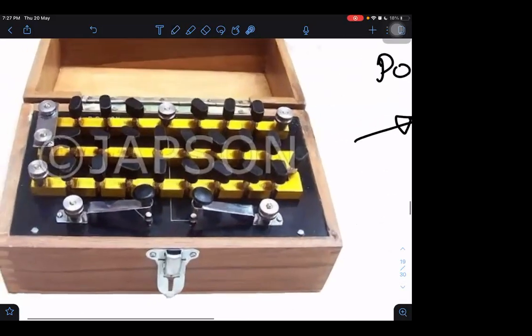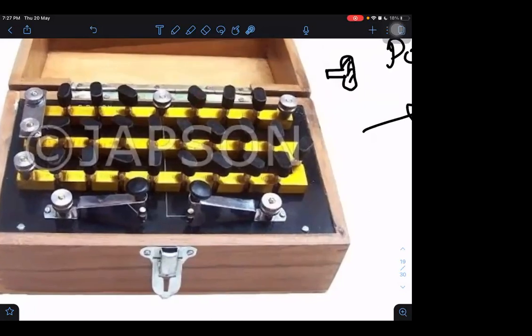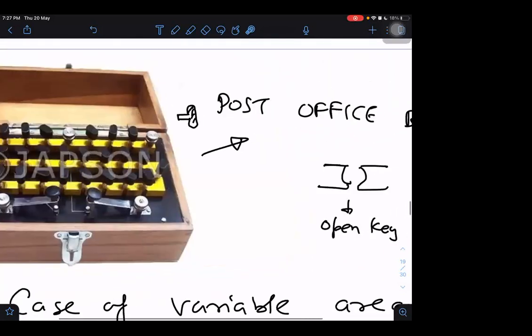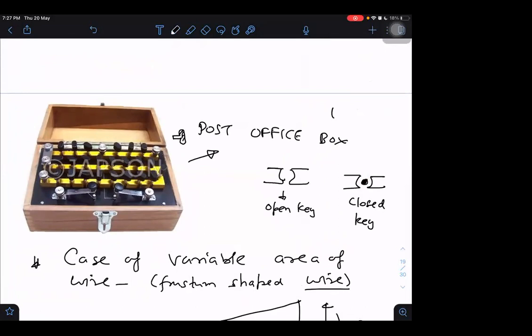This part I can remove from my hand and put it outside. The key will be outside only. I can bring it out and I can put it back inside. Okay, understood? If I'm putting it in, what does it mean? Let me tell you what it means.